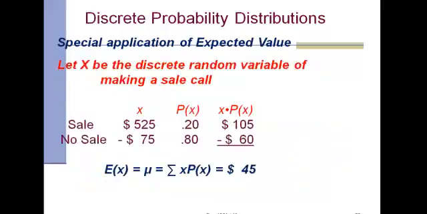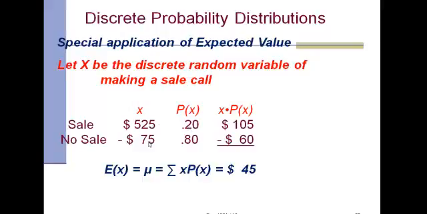So in this case, we're going to call X the discrete random variable of making a sales call. So X has a couple of outcomes. You can make a sale or no sale. If you make a sale, then you earn $525. If you make no sale, then you lose $75. What's the probability of making a sale? 0.2.